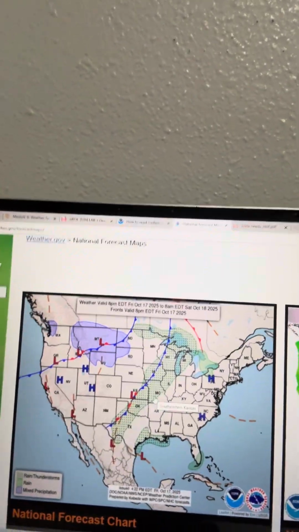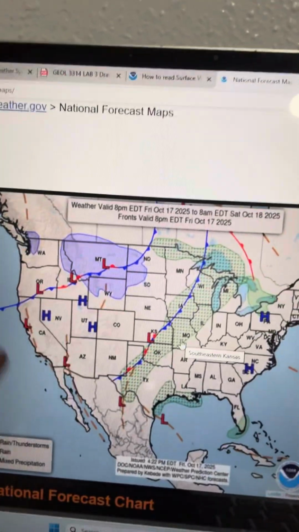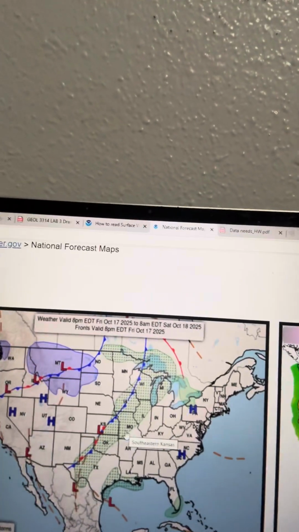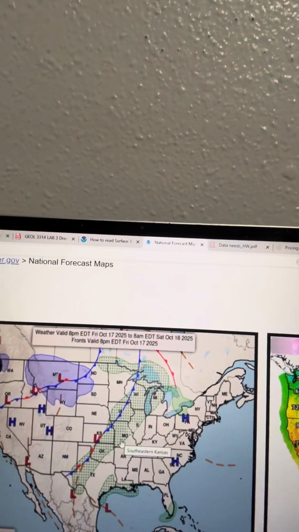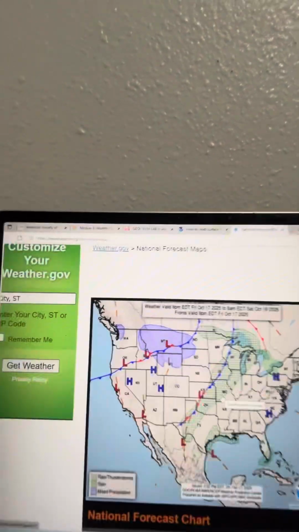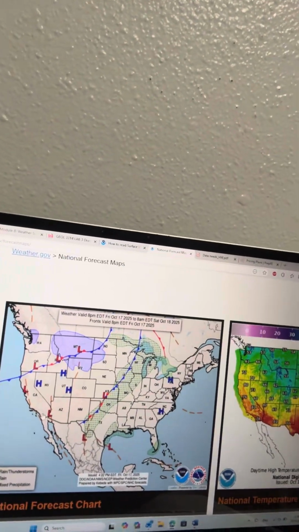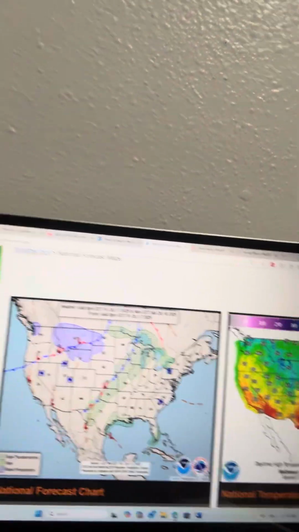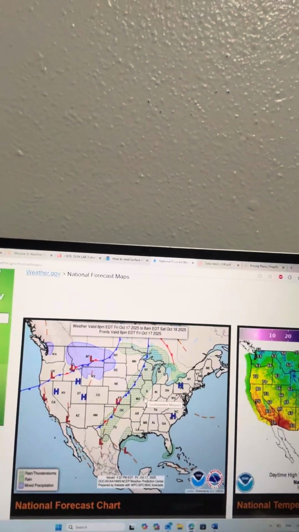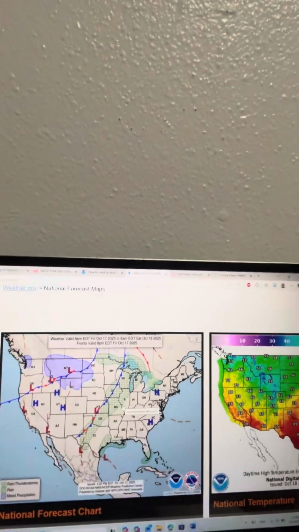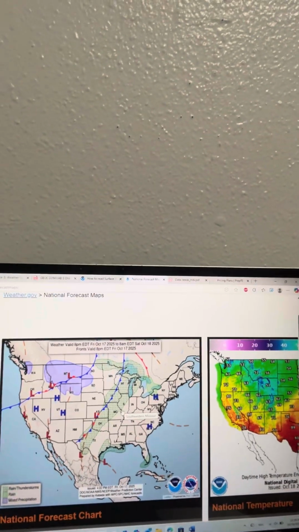You also see some red dashed lines right here, which essentially are elongated areas of low pressure. And these essentially connect low pressure lines, as you can see here. So that is the National Weather Forecast map released this past Friday, October 17th, 2025.